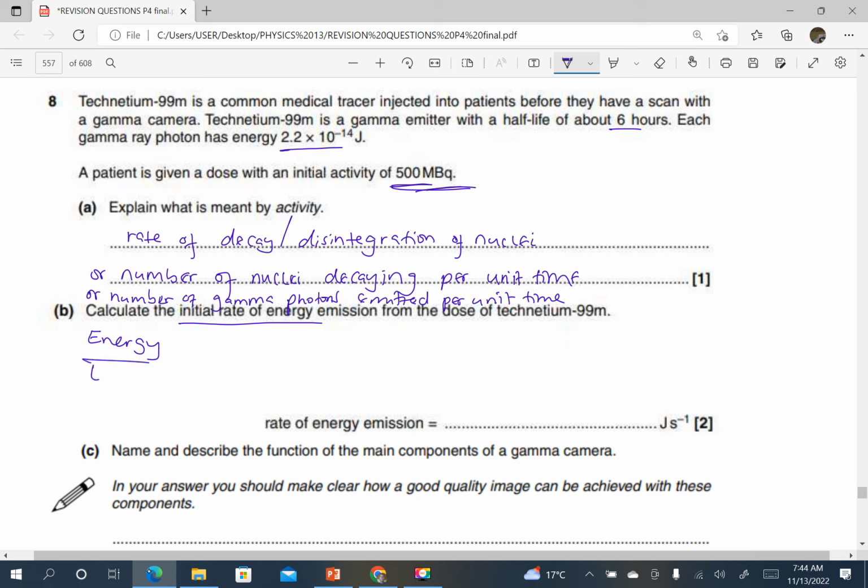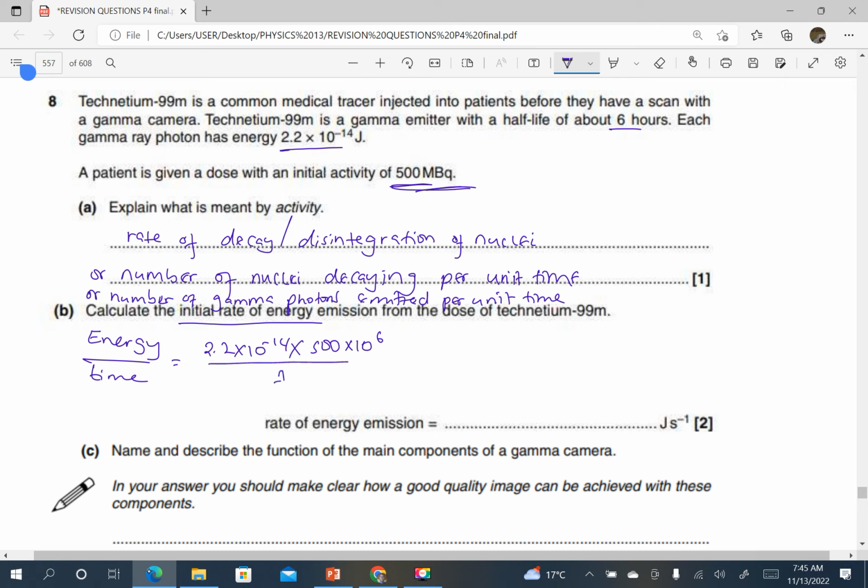That is energy per unit time. It is going to be the energy of each gamma ray photon, which is 2.2 times 10 power negative 14, times the number of gamma ray photons, which is 500 times 10 power 6 per second, over 1 second.